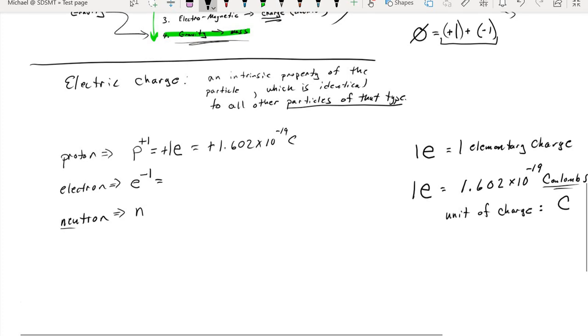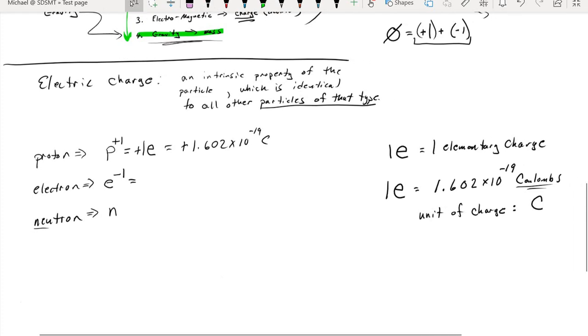Now here's where things might get a little confusing, because we are now using E to represent the electron, but now we're also using E to represent the elementary charge. Well, the electron has a negative 1 elementary charge.